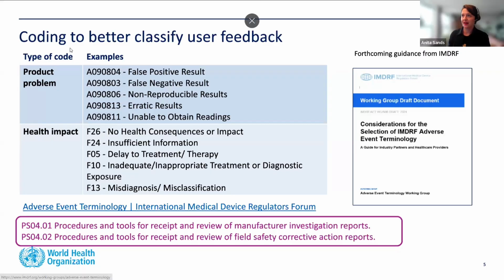The first elements that are really important are: what is the actual problem and what is the impact? As I've mentioned, understanding what happens at the level of the patient is important, but very often I get an F26, no health consequences or impact, but there is nevertheless something that's occurred at the level of the device that could have led, so that's that 30-day report, to a misdiagnosis. And often then I do get straight misdiagnoses.